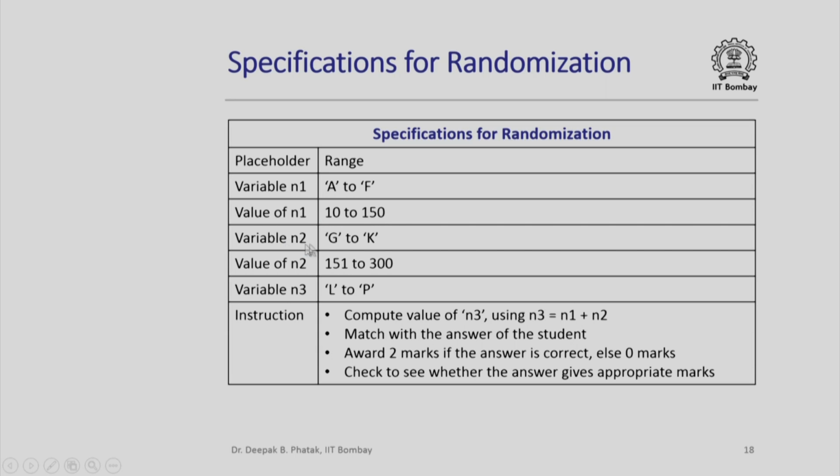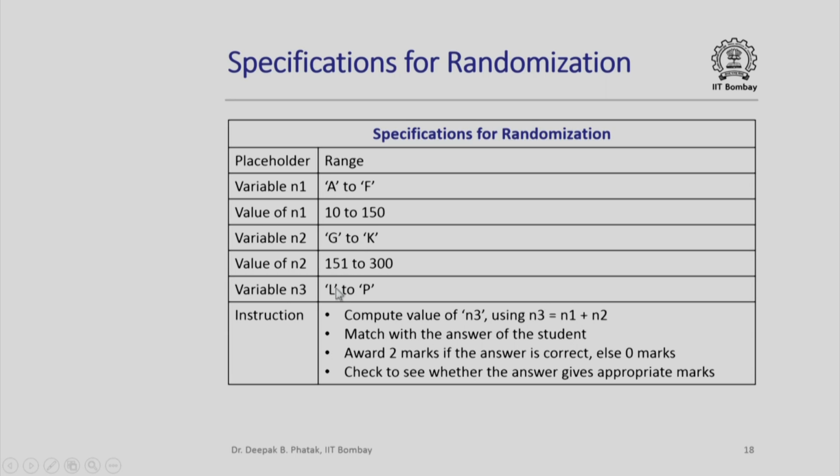We say variable N2 is between G and K, and the value of N2 should be between 151 and 300. What we are specifying is a set of ranges of values, and we expect the back-end capability of the platform to generate randomly any number or any symbol in these ranges and create a random question for us.